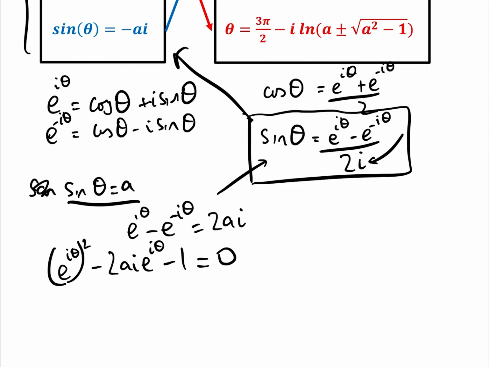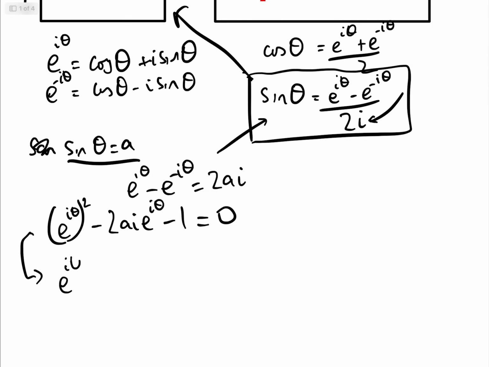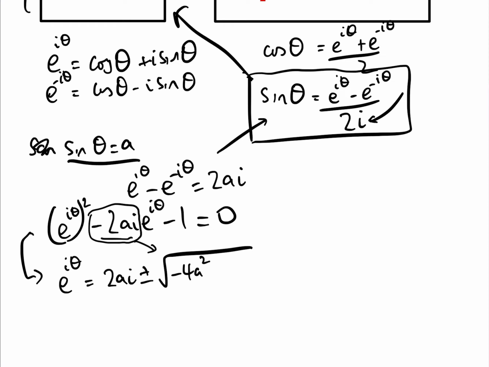We're going to solve that using the quadratic formula. So that's e to the i theta equals minus b, and there's b, so that's 2ai, plus or minus the square root of b squared. And we have to be careful again with b squared, exactly the same problem as the previous video. That is minus 4a squared minus 4ac, which is add 4, all over 2a. And that equals ai plus or minus i root a squared minus 1.